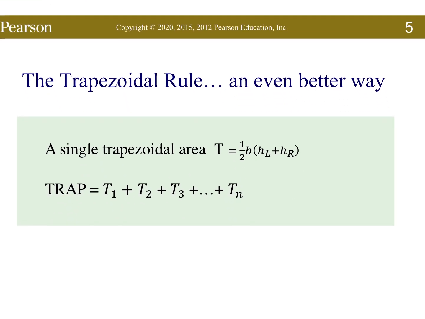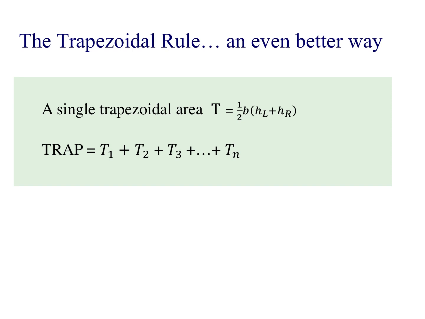All right, here we go. Trapezoids are found the following way. 1/2 base and then the 2 heights. Or you could also write that as base, and then you could put the height on the left plus the height on the right divided by 2. Those are exactly the same thing.